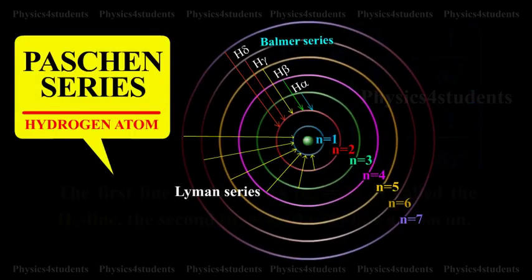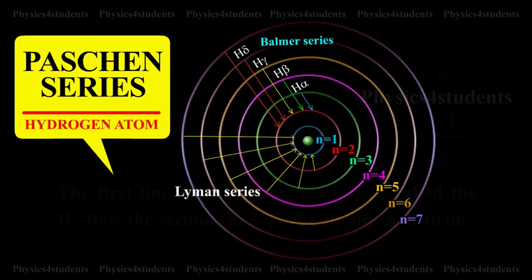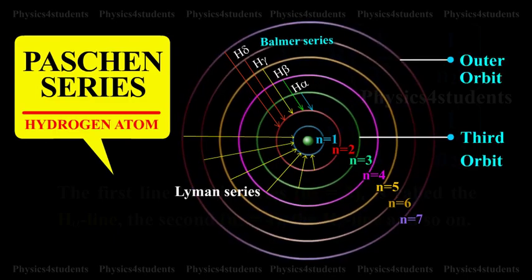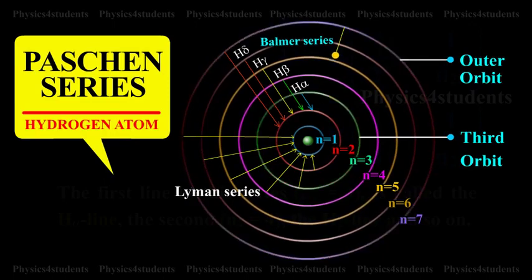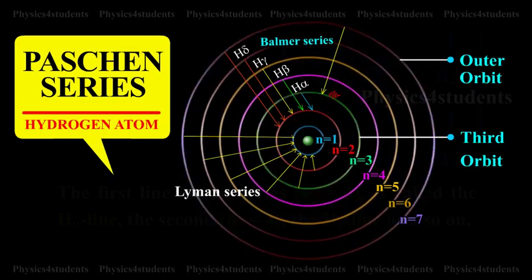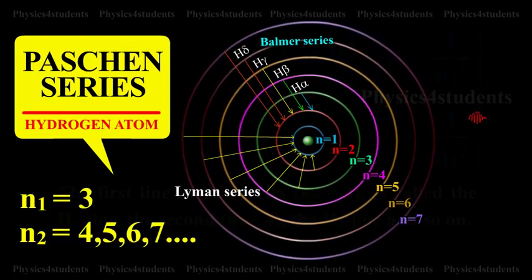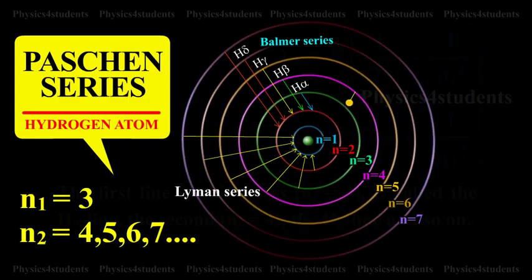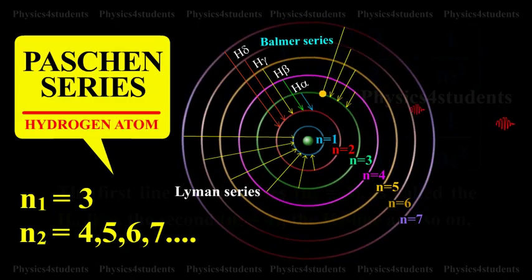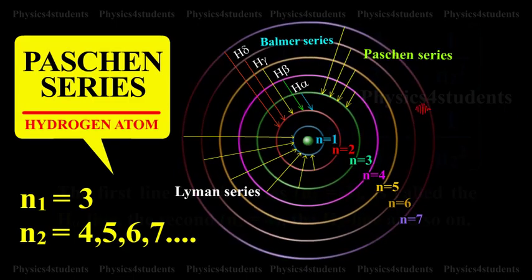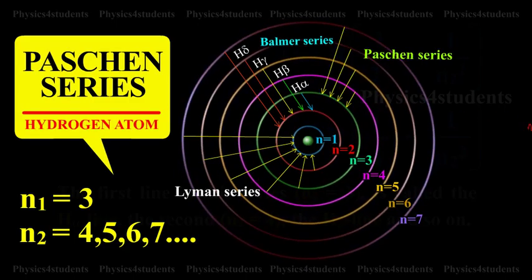What is the Paschen series? This series consists of all wavelengths which are emitted when the electron jumps from outer orbits to the third orbit. Here n2 is equal to 4, 5, 6, 7 and so on. n1 is equal to 3.